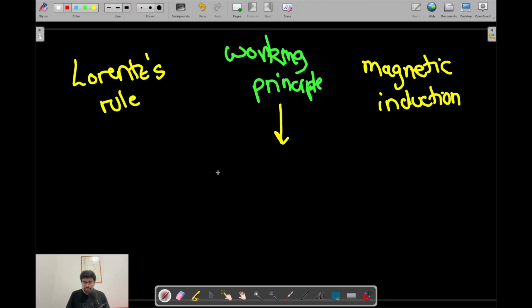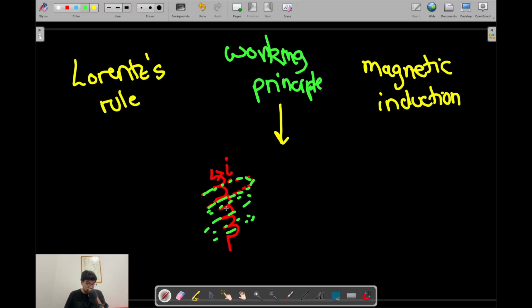When a current is passed through a coil, let's say this is my coil, it will develop its own magnetic field. To be clearer, let me say this magnetic field is developed like this around the coil.